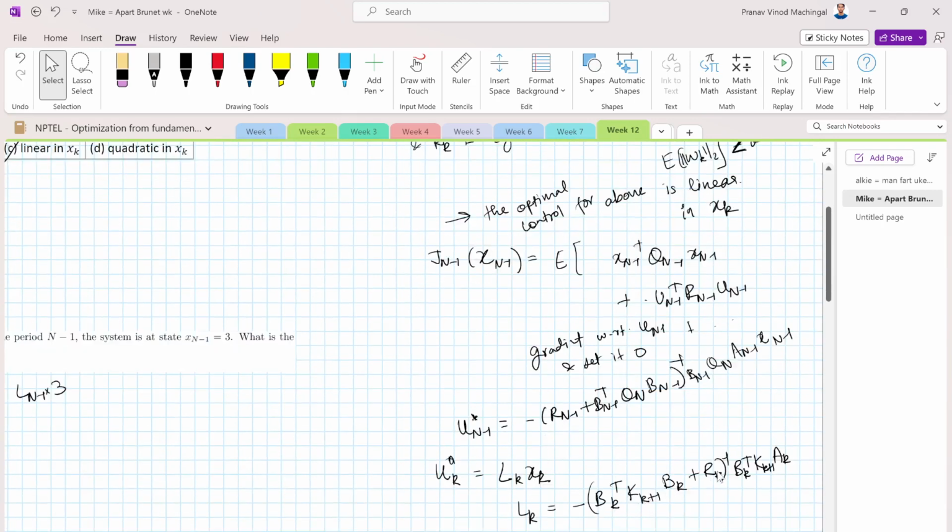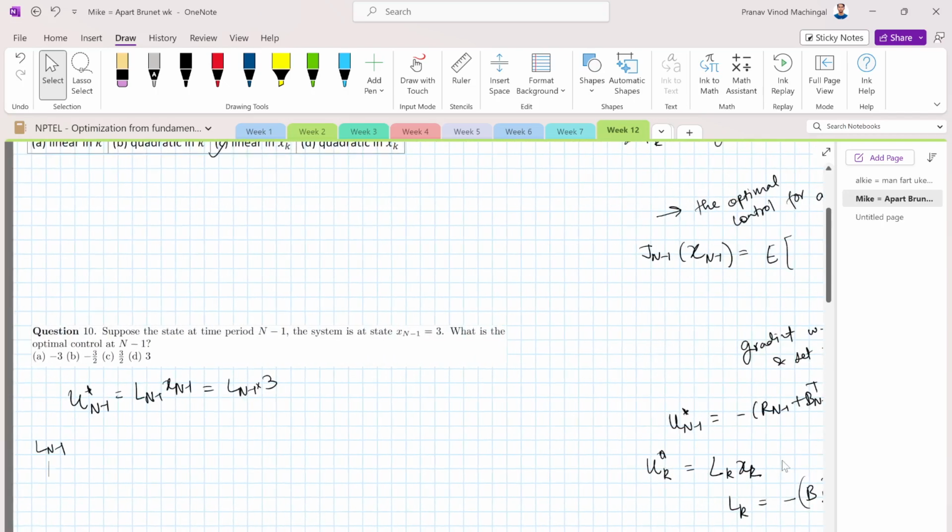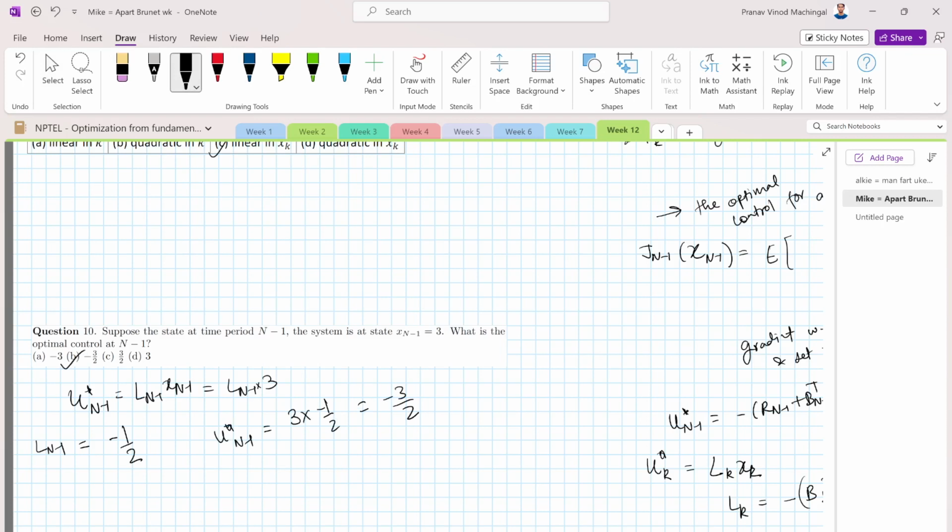So this is 1 plus 1, it is 2 inverse, so that is minus half. These bk, ak, and these all are 1. So Ln minus 1 is basically minus half, isn't it? So u star n minus 1 is equal to 3 into minus half is equal to minus 3 by 2.